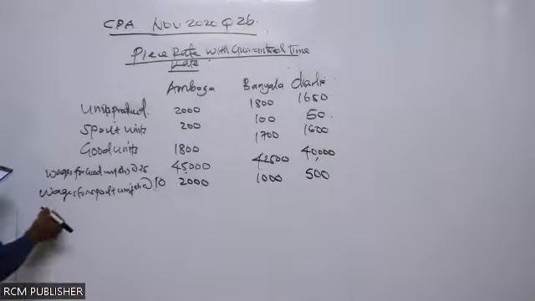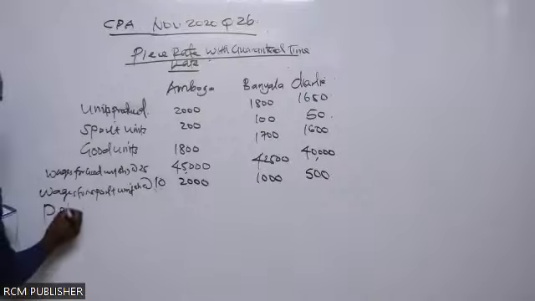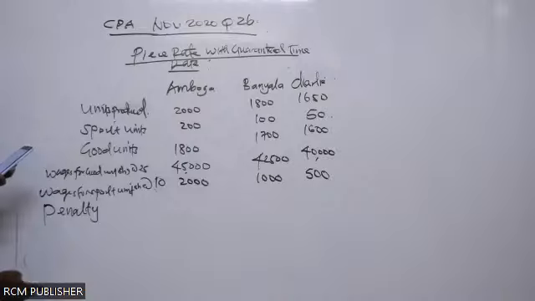Then we have what we call now the penalty. Penalty is coming in at what percentage or at what rate? A penalty of 8% is charged based on the rate of the good production.